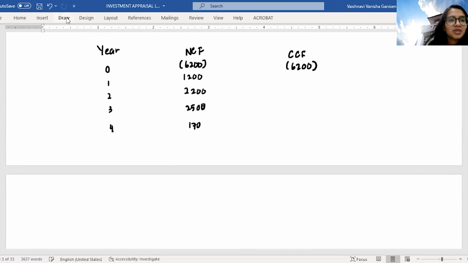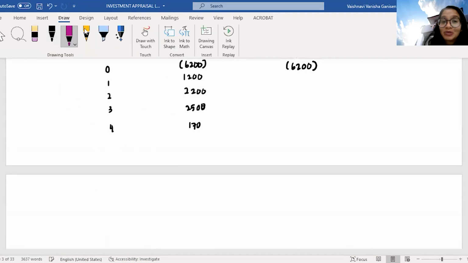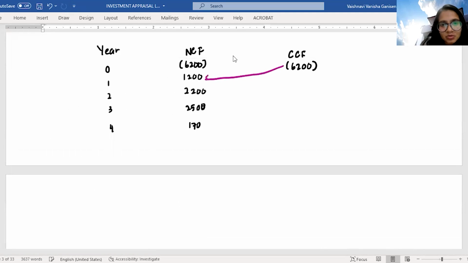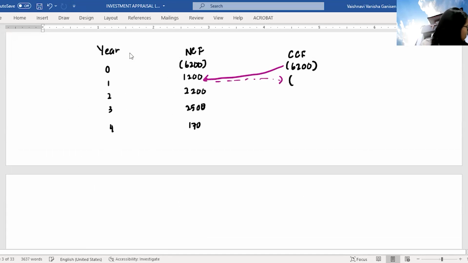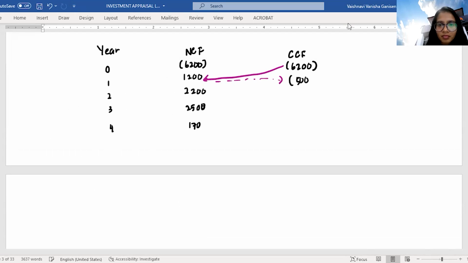This is the one where I said it's a bit confusing to explain with words, so now I can show you. Negative 6200 plus 1200 is negative 5000.